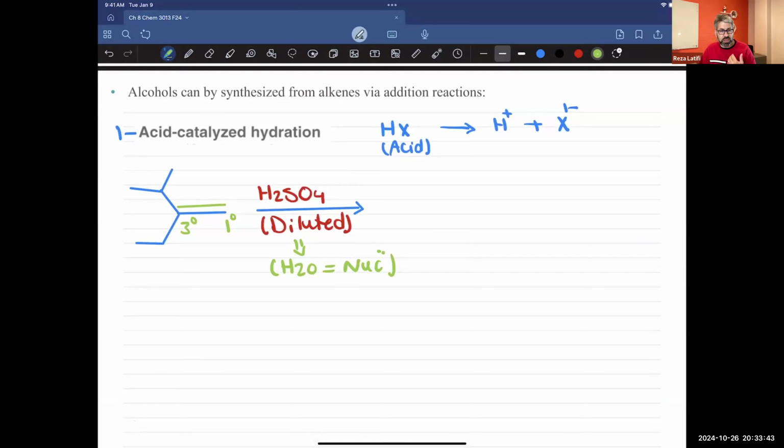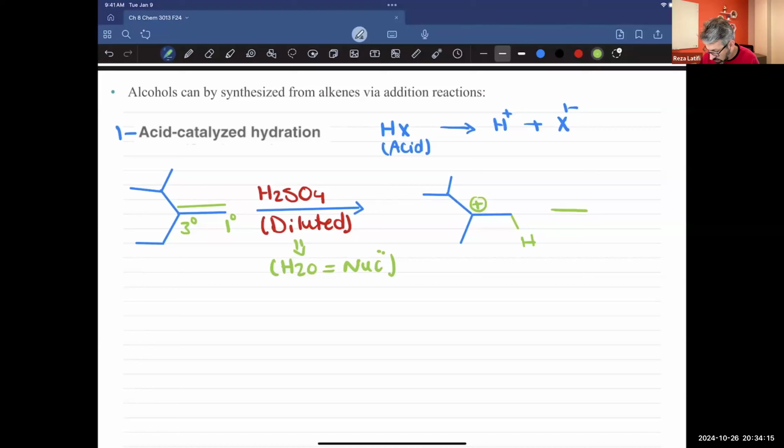And I have an alkene where one side is primary and another side is tertiary. When we treat it with an acidic solution, the first step of the reaction is that the H plus is going to be added to this carbon to create a tertiary carbocation. A tertiary carbocation is more stable than secondary or primary.